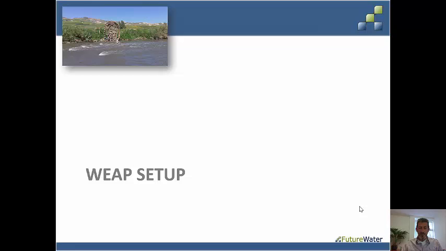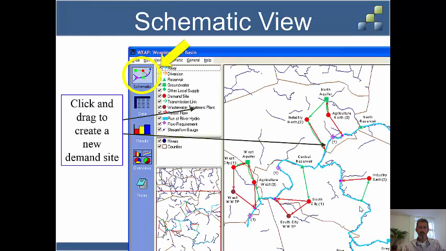Okay, now let's go for a more structured setup if you want to develop your WEAP model. First we do a kind of example on PowerPoint, and then I will start up WEAP and we will do a real life example. So if you open WEAP, it's important to realize that you've got some different screens, and the most important screen is the schematic view.